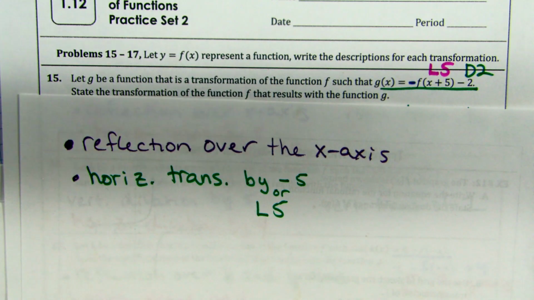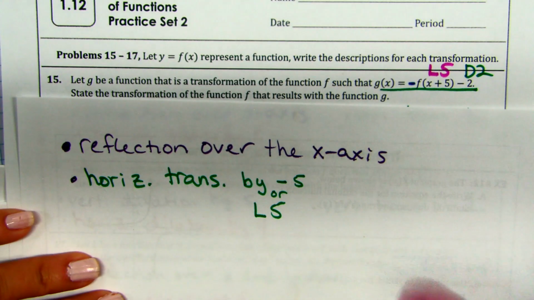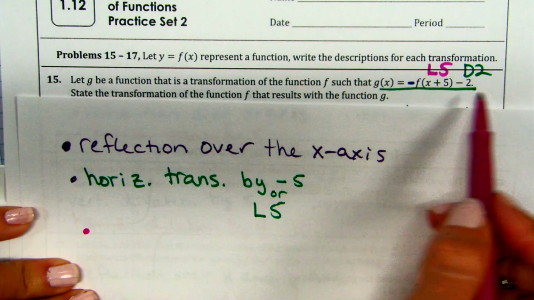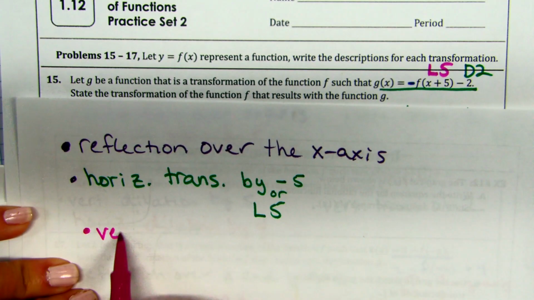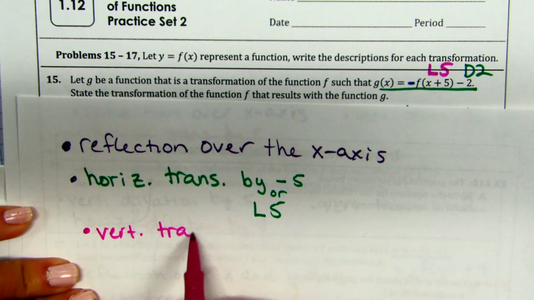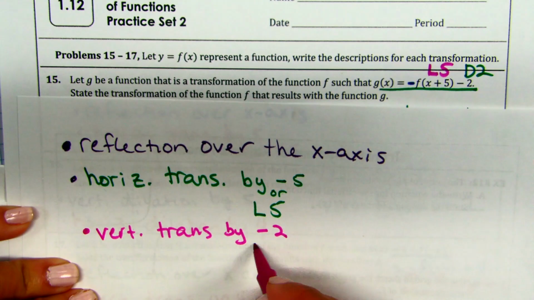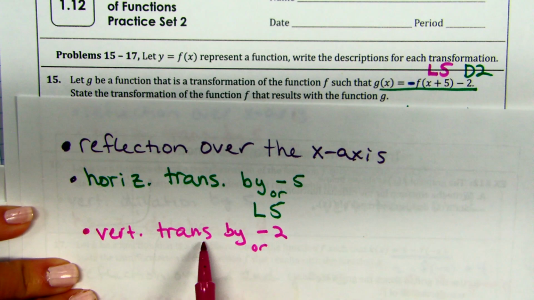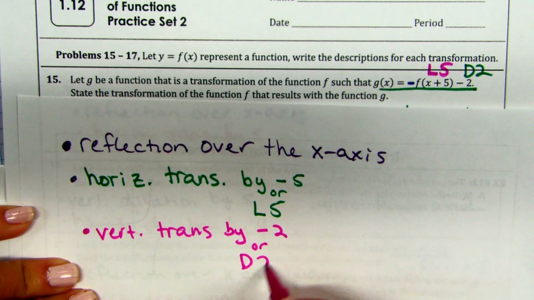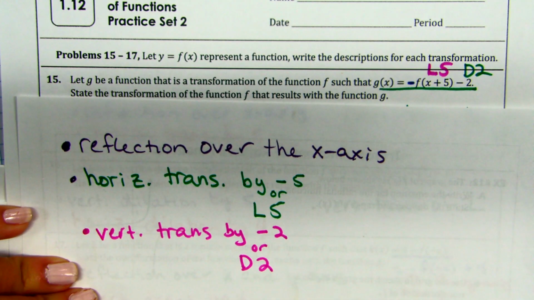Just like we flip the horizontal dilation when we pull it out, we learned today. And then we have a vertical translation. You can either say by -2, or a vertical translation down 2. Either one, you don't have to put both. That's what we did yesterday.